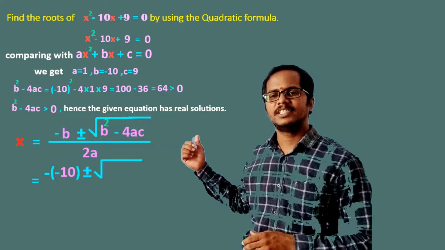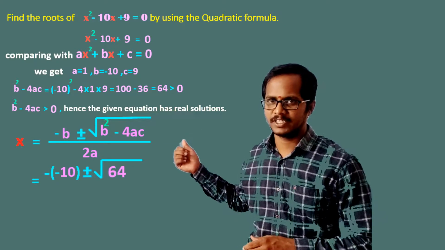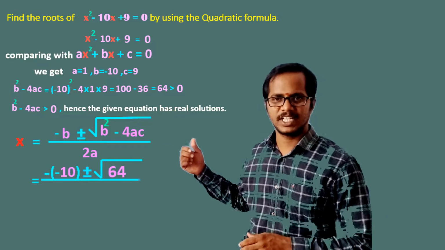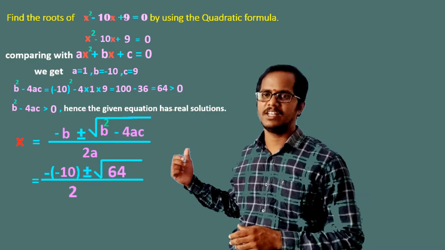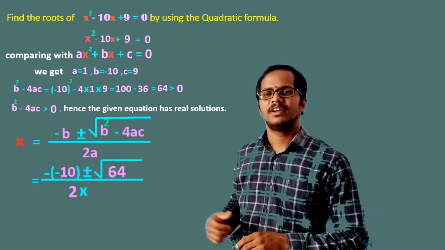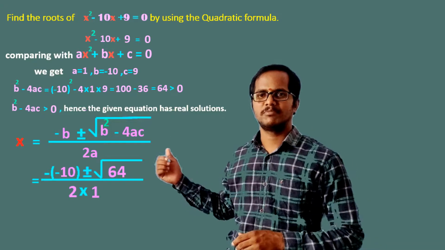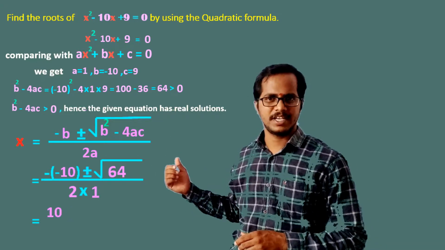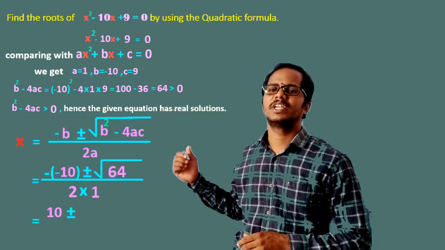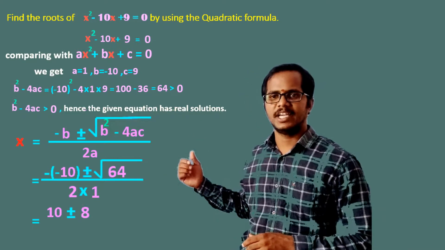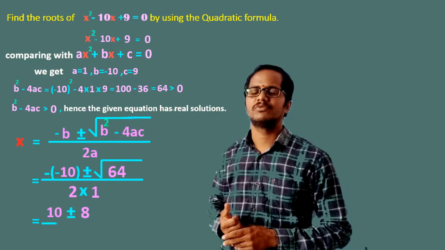So write 64 in its place, so we get square root of 64 by 2 into a value, which is 1, 2 into 1. So now minus into minus 10 will become plus 10, plus or minus square root of 64 will become 8. So we get 10 plus or minus 8 by 2 into 1 equals 2.